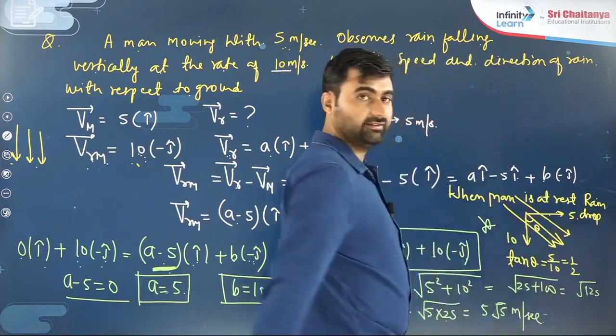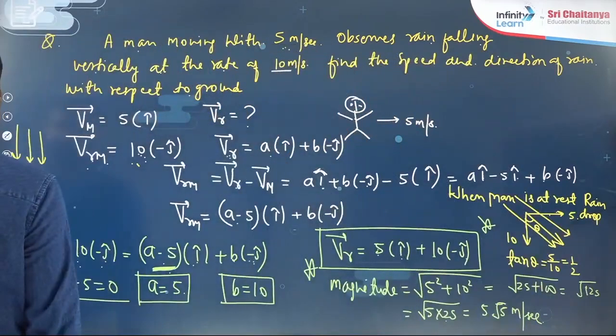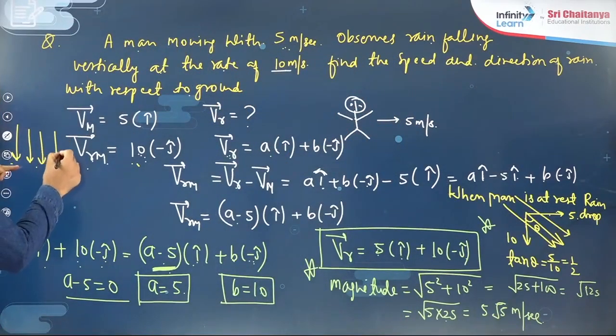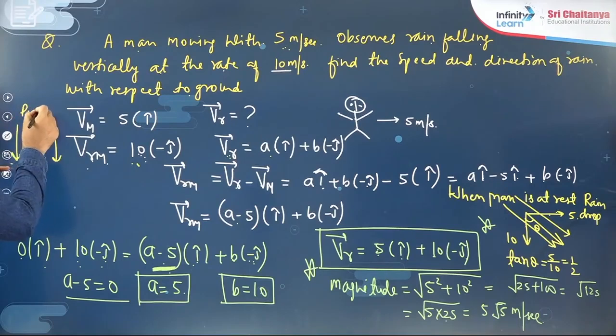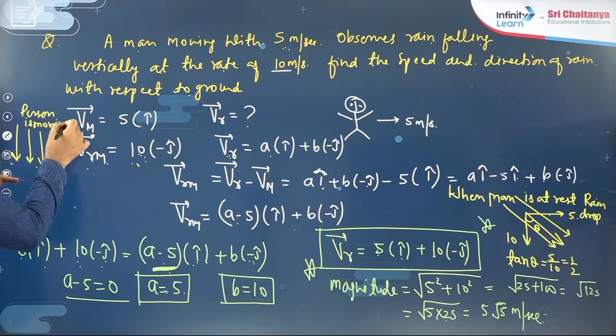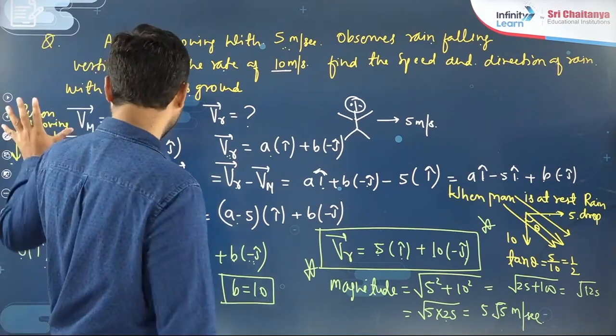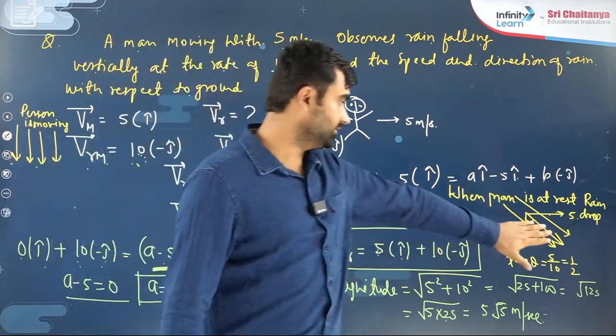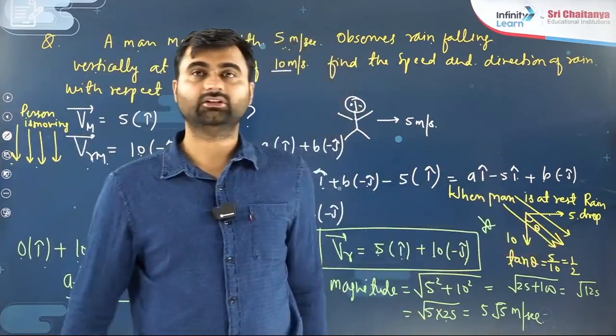This is when person is moving, then raindrop will fall like this. Understood? This information is given in the question, they ask this information, we calculate it.